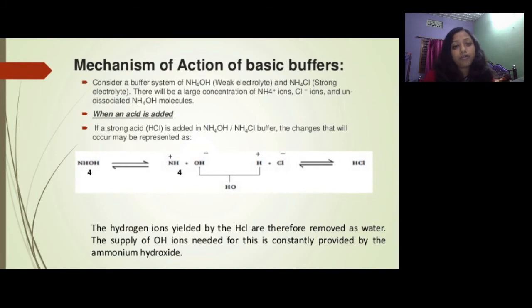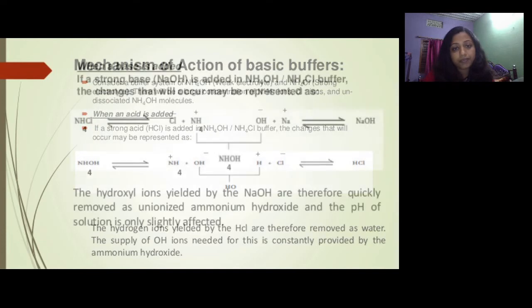The mechanism of action of basic buffers. We are taking ammonium hydroxide and a mixture of ammonium hydroxide and its salt ammonium chloride. Now, to this mixture, if we add hydrochloric acid, then again the hydrogen ion from HCl will combine with the hydroxyl ion to produce H2O, and again the pH is not changed.